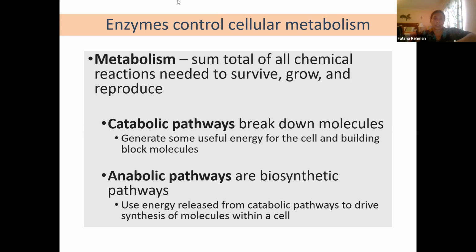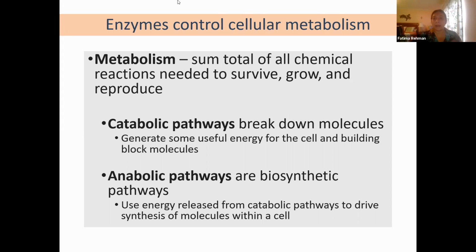Basically, all the reactions that we need in order to utilize energy from food, to create energy for our other reactions that are needed for us to grow and survive and reproduce. And it is a total sum of all the reactions that are happening, both catabolic and anabolic. So just a review, and this should be a review from chemistry.